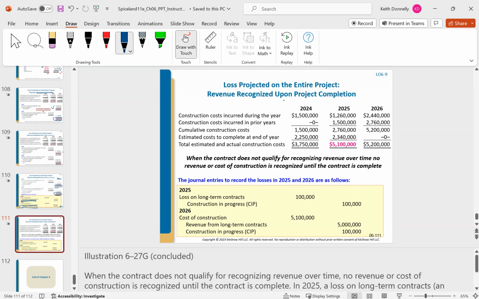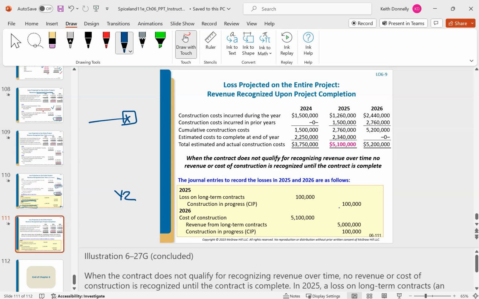How we deal with the completed contract, this is where there's a little bit of difference. Because up until now, we've just waited until the end to take the revenue. That isn't necessarily the case for losses. Whenever you have completed contract and we have this overall loss, you can, in this case, recognize it in the period it incurs.